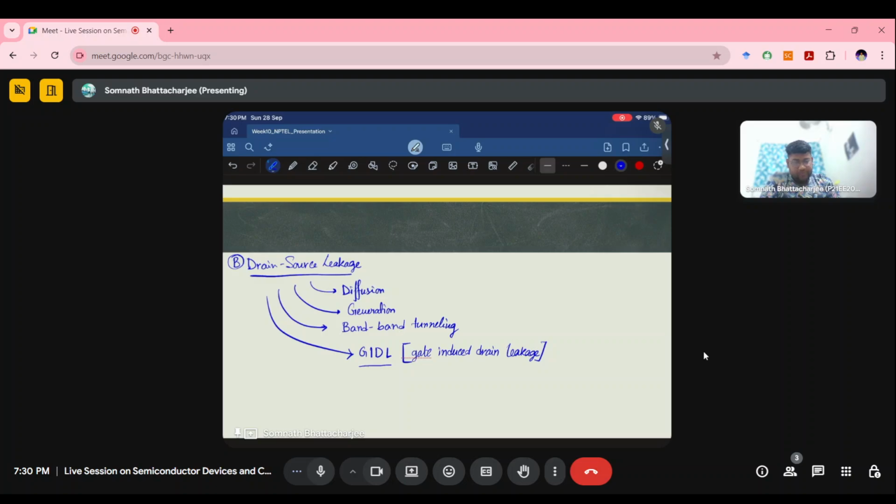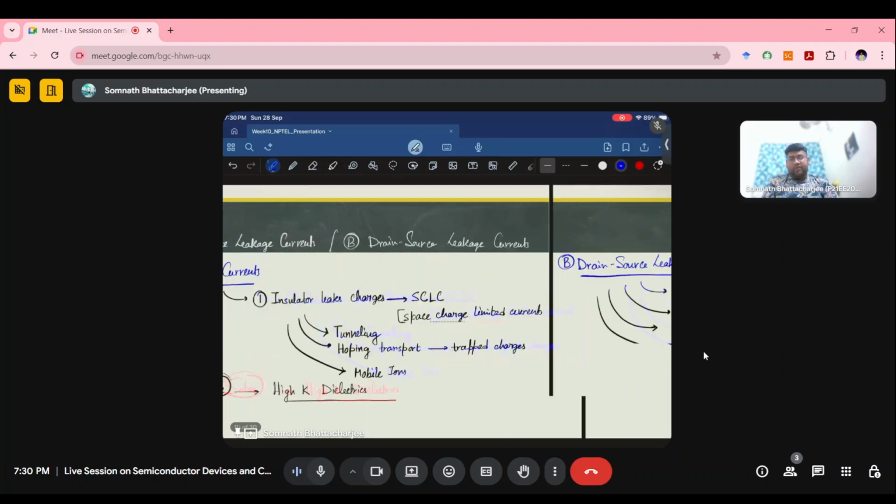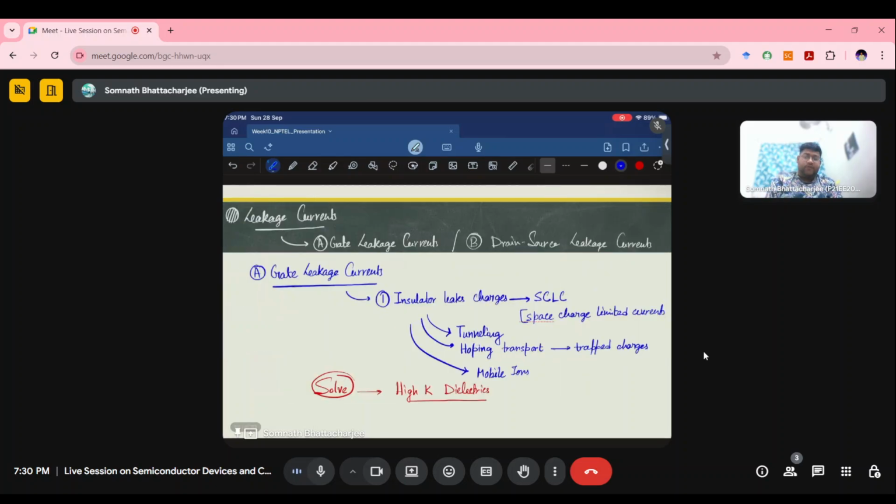So these were the factors that we have already learned. We were assuming that the insulator is not conducting any current, that it is blocking the current totally.